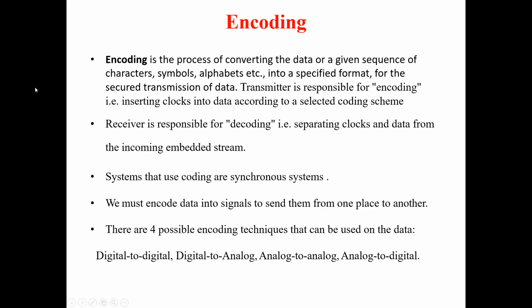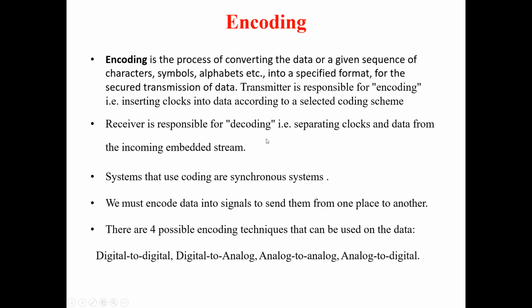Now, what will be the role of the receiver? The receiver is responsible for decoding, that is separating clocks and data from the incoming embedded stream. So we do some conversion over the data for secure transmission, and the receiver will filter out that conversion.